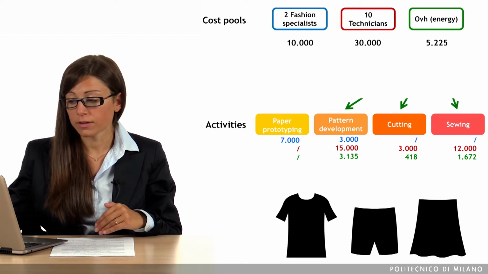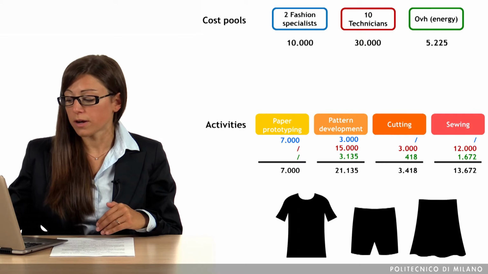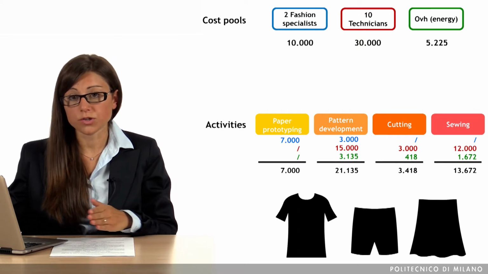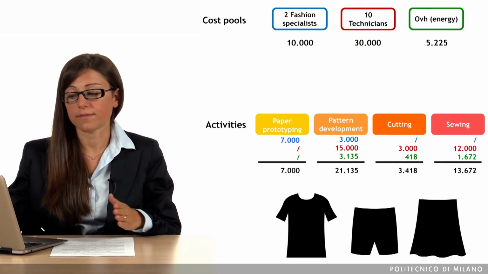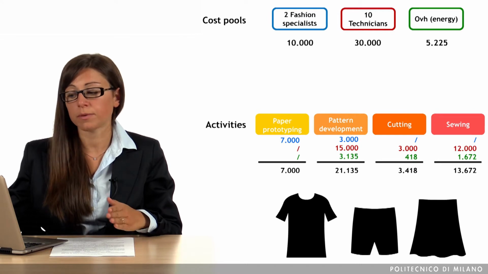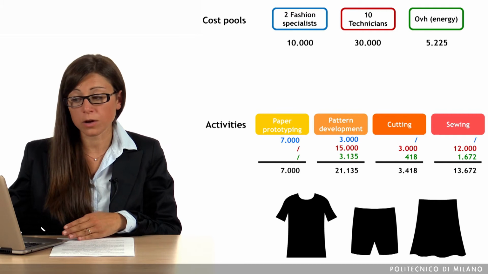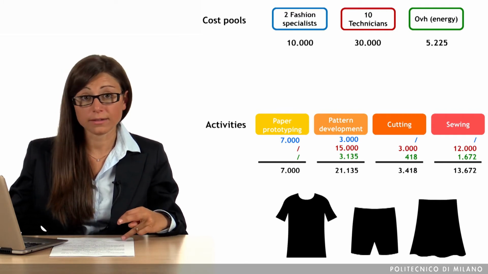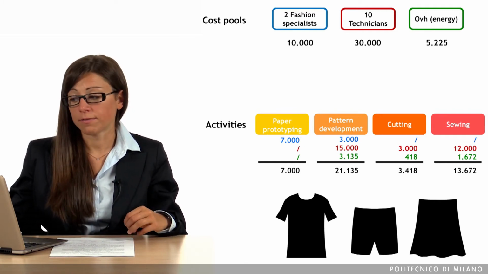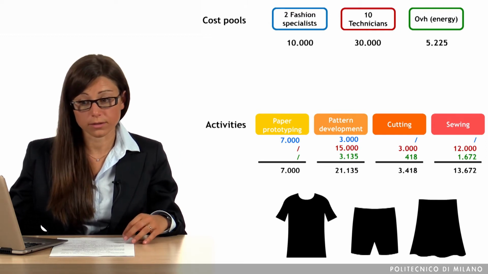By summing everything, we can find the total cost for each of the 4 activities. So we will have 7,000 euros for the paper prototyping, 21,135 for the pattern development, 3,418 for the cutting activity, and finally 13,672 for the sewing activity.